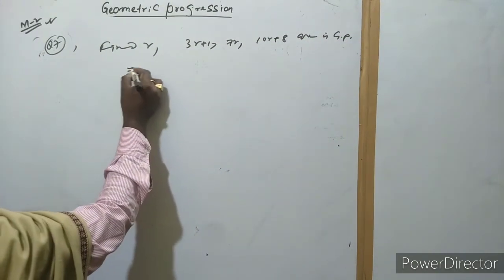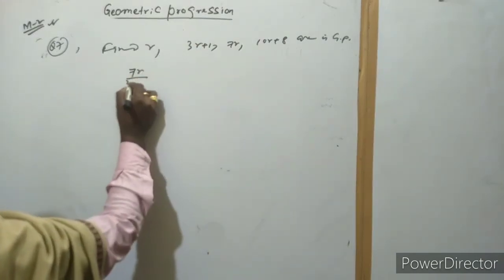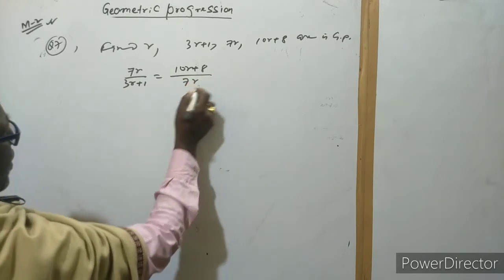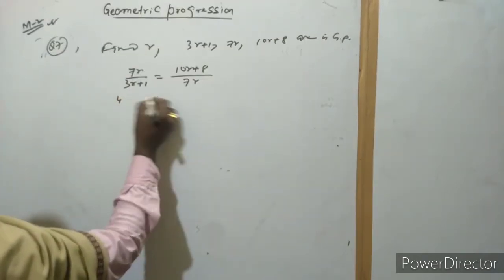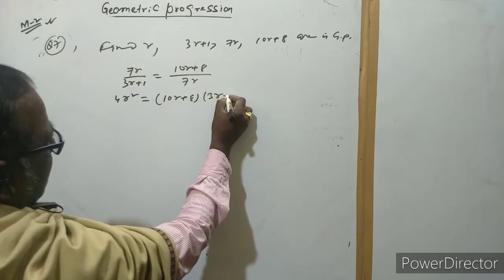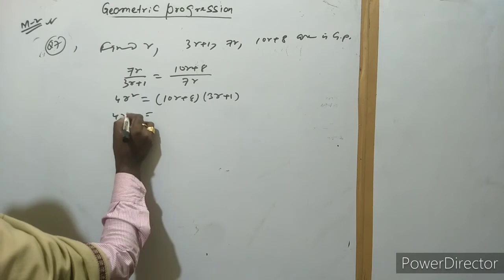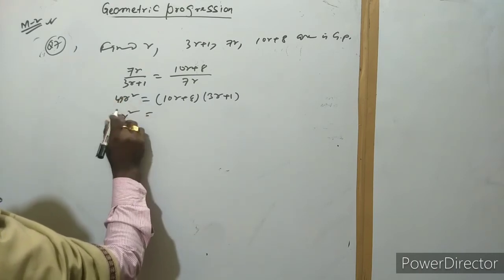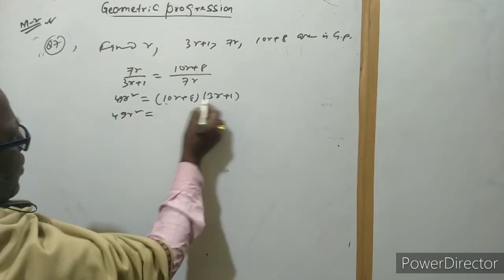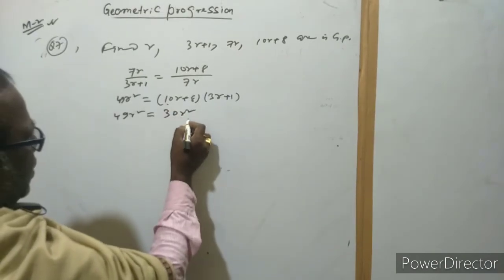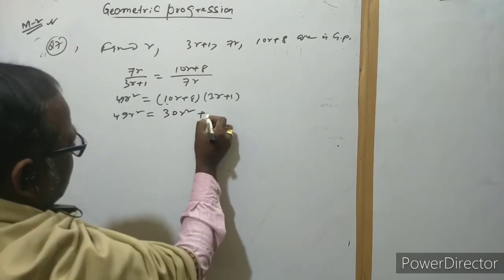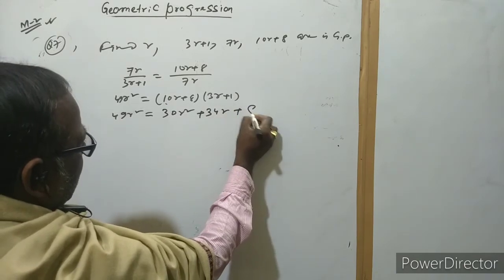So simply we can write here this by this, and this is (10r plus 8) by 7r. So multiply this. We get r square, 10r, 3r stay, 24, 34r and 8.